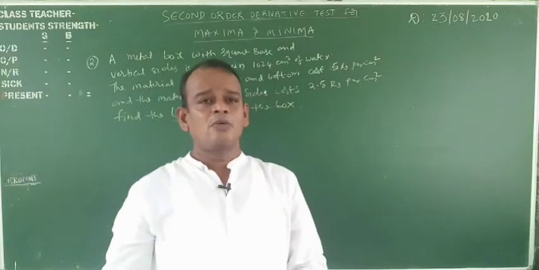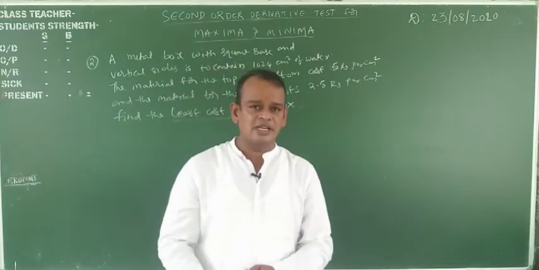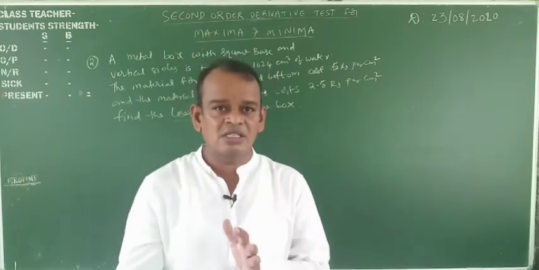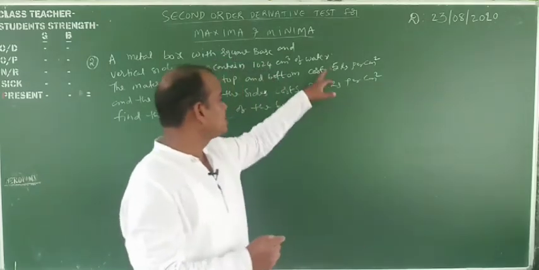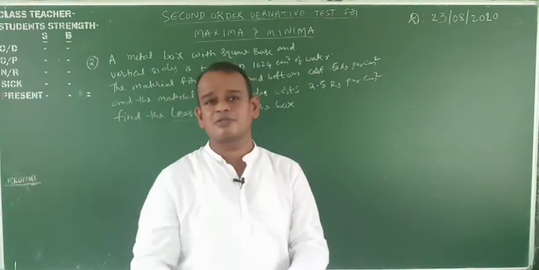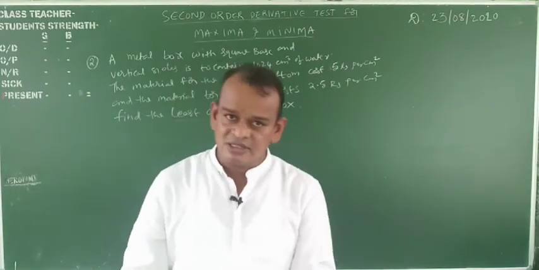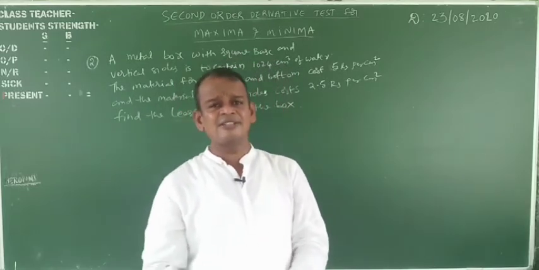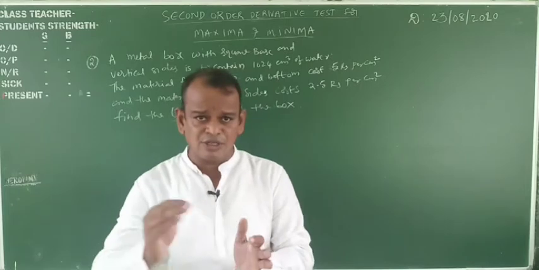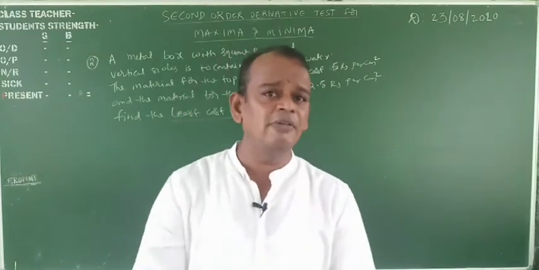For suppose what is the base? Base is the area in the form of square, means x square. What is the cost? 1 centimeter square cost is given, 5 rupees. What is the total cost? Means 5 into x square. Cost is equal to 1 centimeter square cost into total area. Total cost you will get.